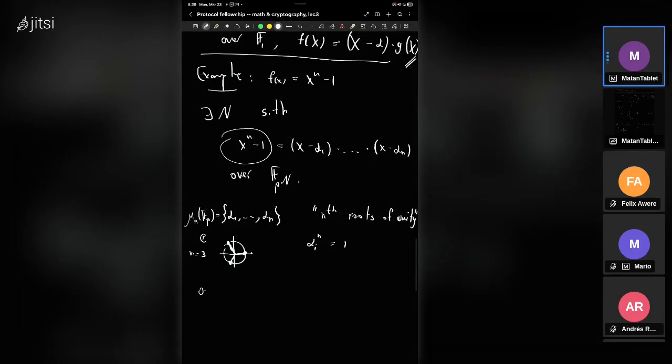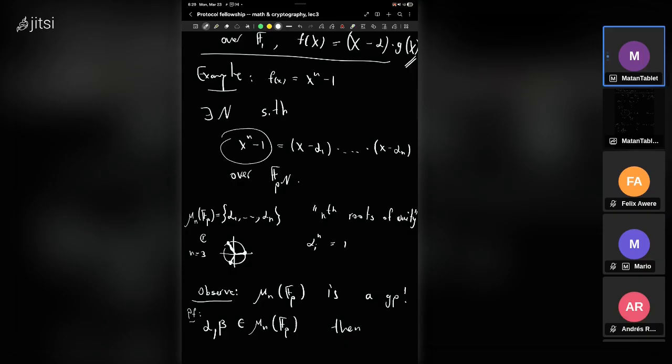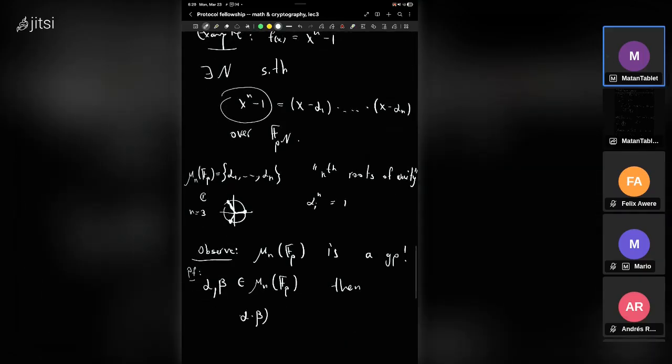Now observe, mu_n of F_p is a group. Why? Take 2 elements, let's say alpha and beta are 2 nth roots of unity. Then if I take alpha times beta, I need to see that alpha times beta is again an nth root of unity.